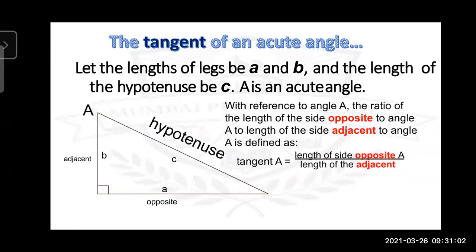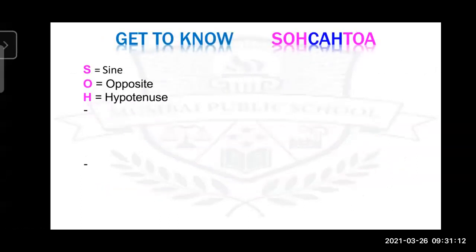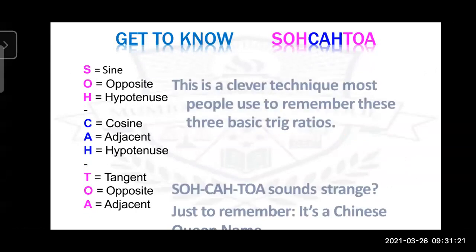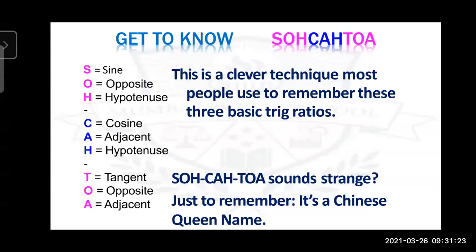So here the opposite side is a, the adjacent side is b, so we write a by b. So sine is opposite to hypotenuse, cos is adjacent to hypotenuse, tan is opposite to adjacent. Remember this technique.